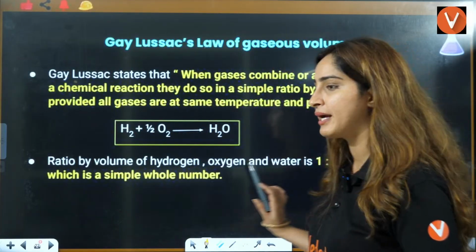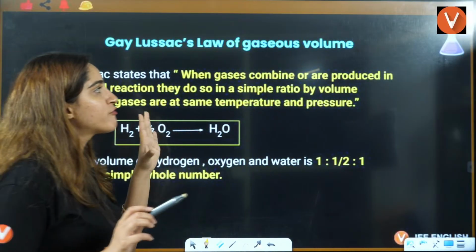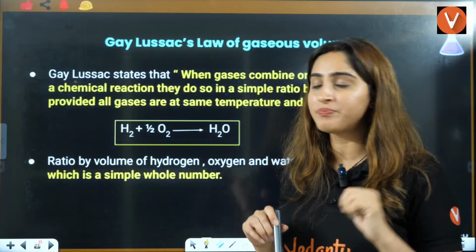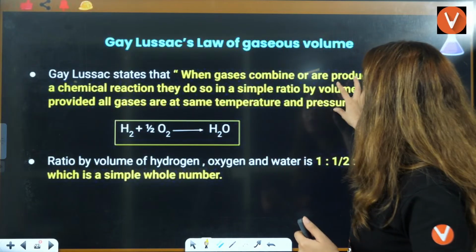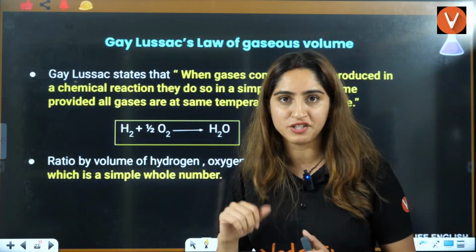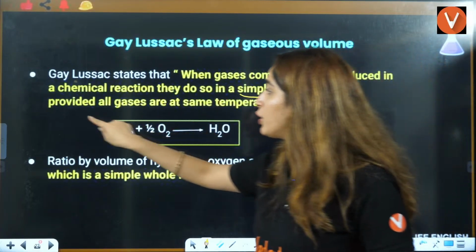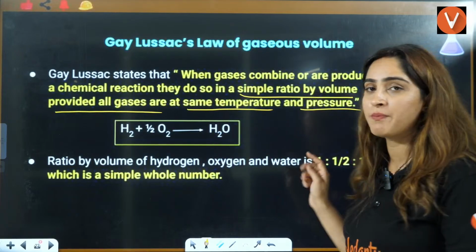Okay, yes, everybody. Now let's do the next one, that is Gay-Lussac's law of gaseous volume, right? That is our fourth law. So when gases combine or are produced in a chemical reaction, they do so in a simple ratio by volume, provided that all gases are at the same temperature and pressure.